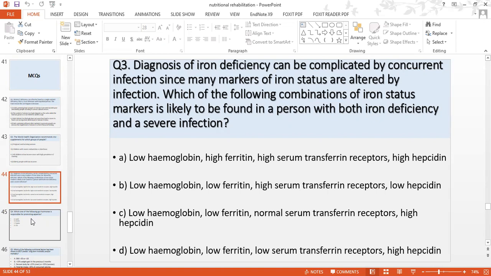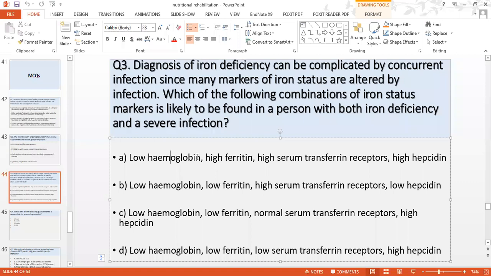Actually, A is the correct answer, because when iron deficiency is there along with infection, although hemoglobin is reduced, all the other markers are increased, like ferritin, the ferritin receptor, or hepcidin.